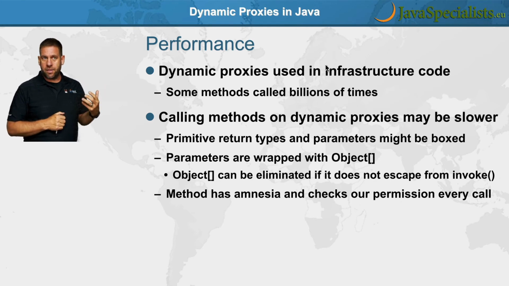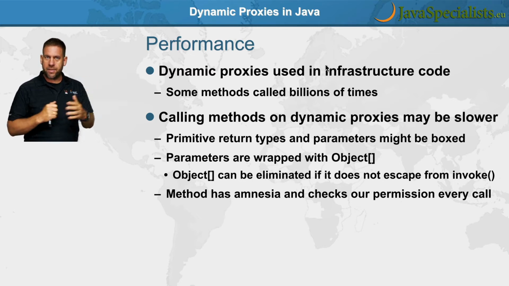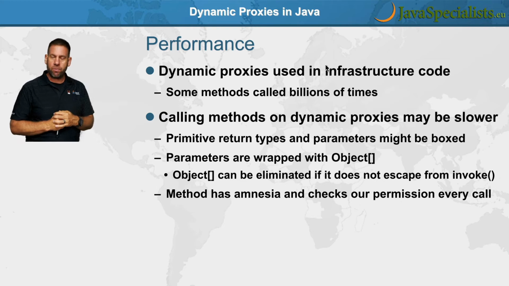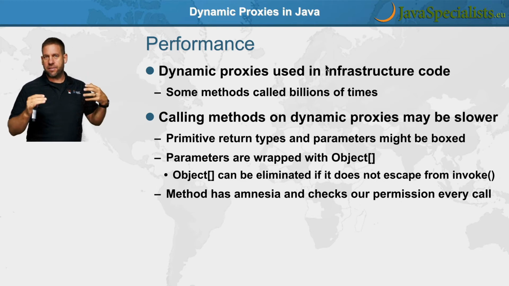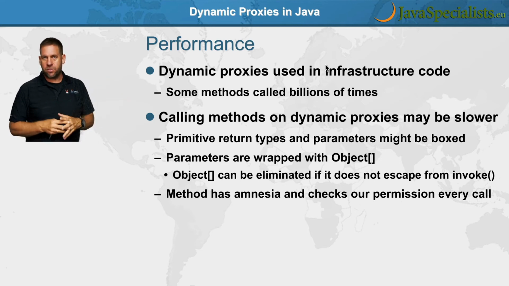Secondly, parameter lists might have to be wrapped with object arrays. In some cases, these can be eliminated as part of your escape analysis, but not always. If they somehow escape from the method, or if escape analysis cannot determine precisely that it can eliminate it, then it's going to still have the allocation cost.